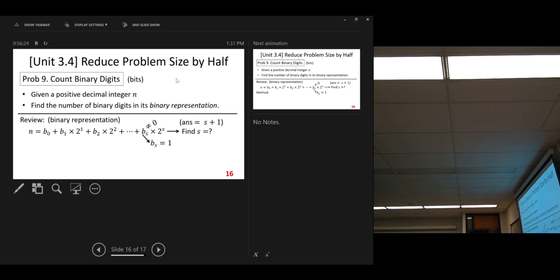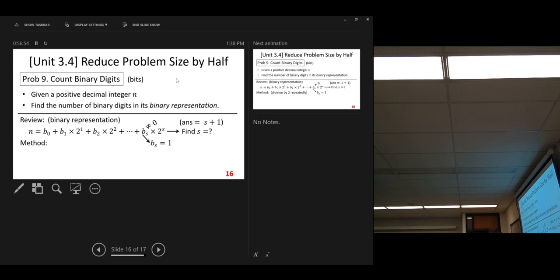But we need to have that s. How do we do it? How do we get the highest bit? The method: look at the highest bit.